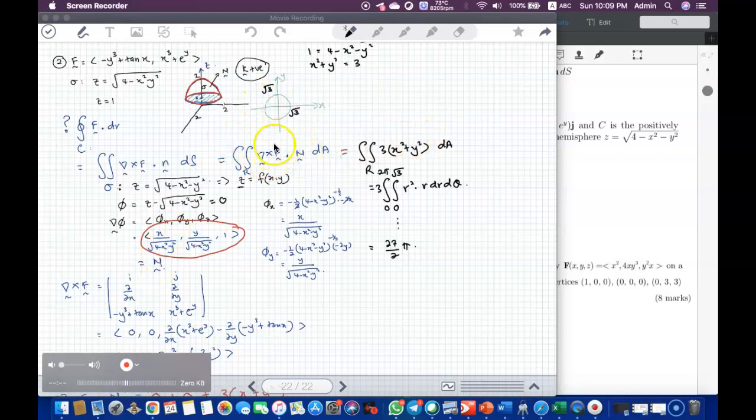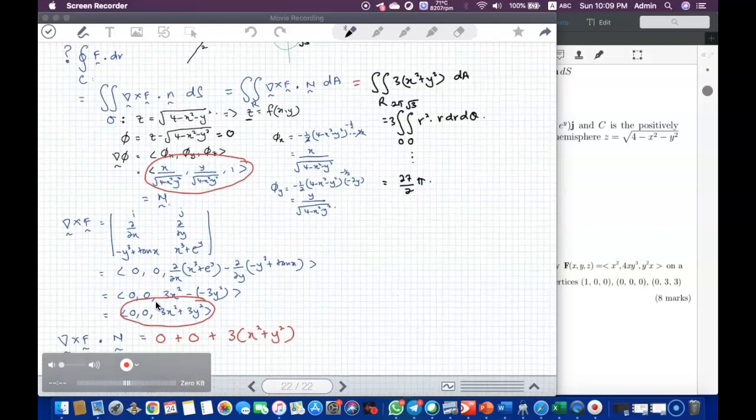Then we compute the curl F. In this case, because we only have a component i and j, I just have this one i and j. So i cross j will give you k, and the rest is 0 automatically. Or if you are not confident, you can just put the k component, but the k components are all 0, and the final solution will be the same.